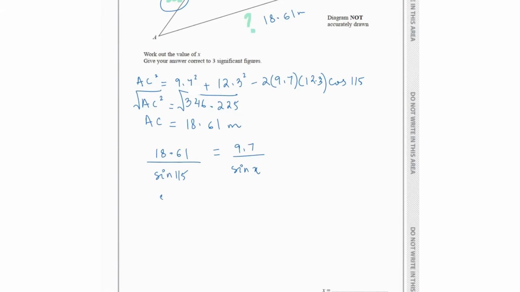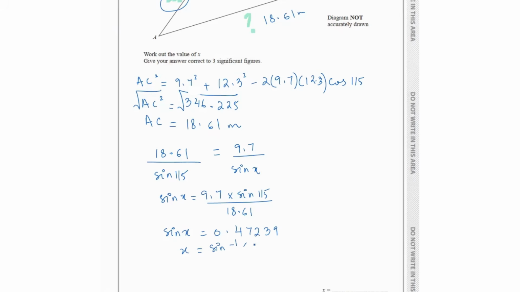So cross multiply and make sine x the subject. So 9.7 times sine of 115 and divide that by 18.61. Plug this in the calculator and what you get is 0.47239. Then we take sine inverse of this.